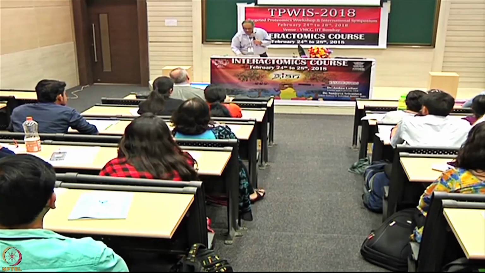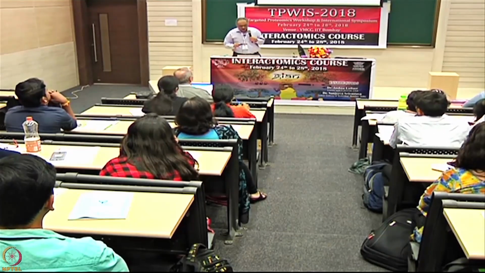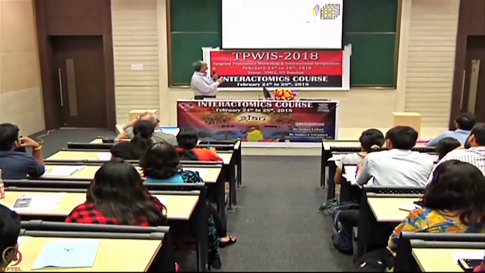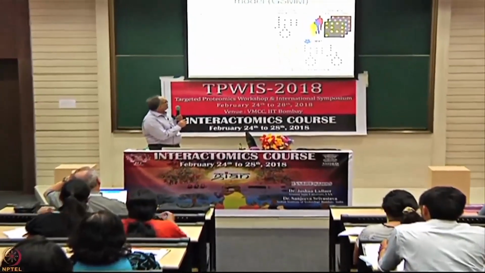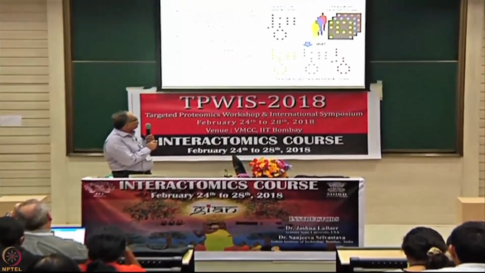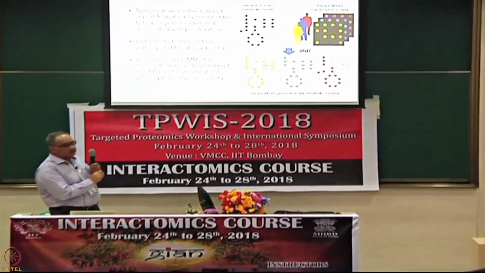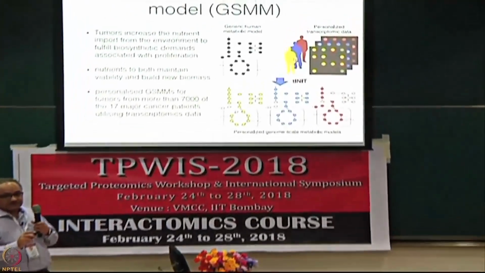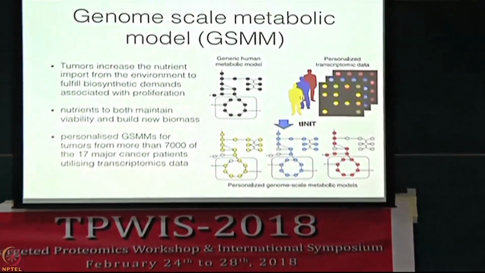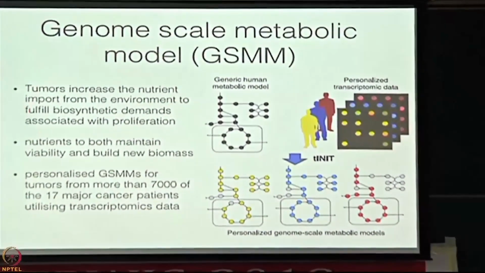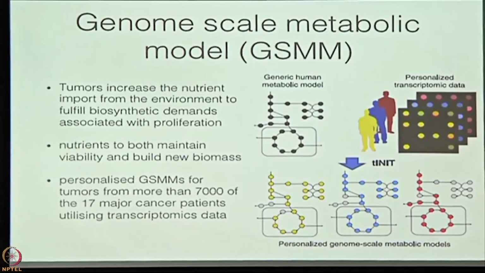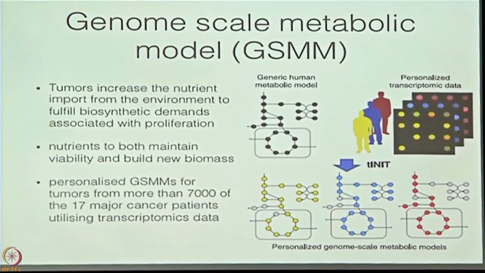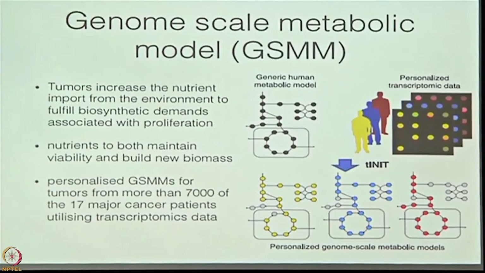Okay. So we carried out a personalized genome scale metabolic model for tumors from more than 7,000 patients of the 17 major cancers. And we expected something different because cancer cells pull in more nutrients from the surrounding and they build up more biomass.